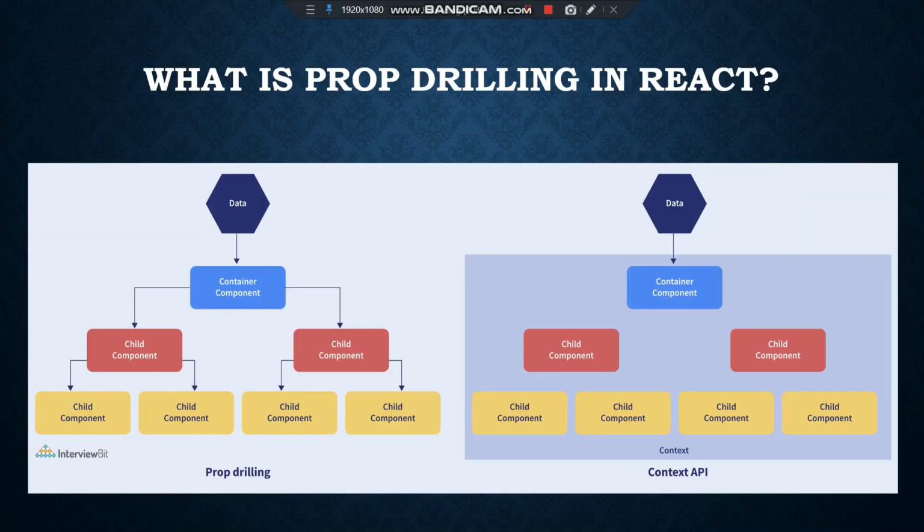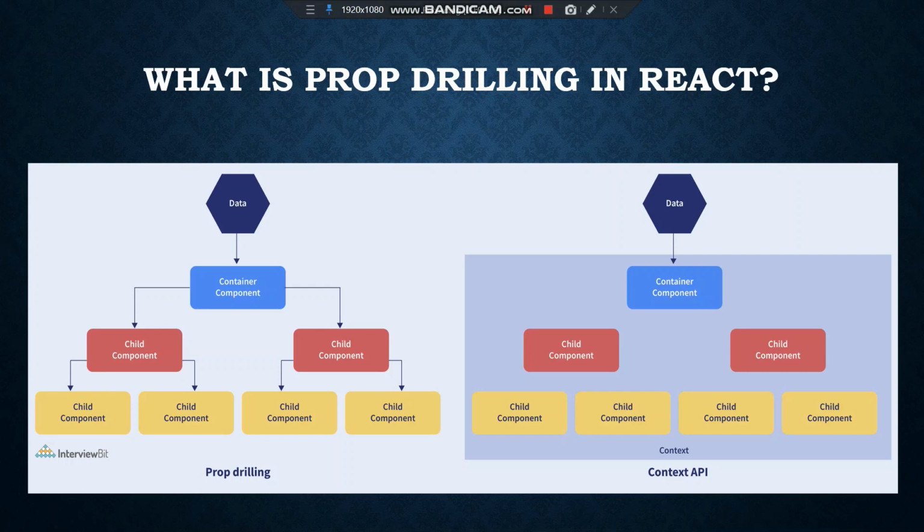So the next very important question is, what is prop drilling in React? Sometimes while developing a React application, there is a need to pass data from a component that is higher in the hierarchy to a component that is deeply nested.